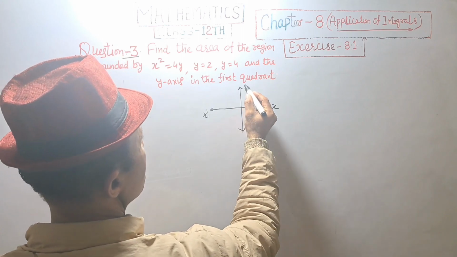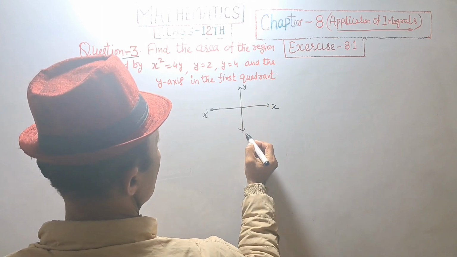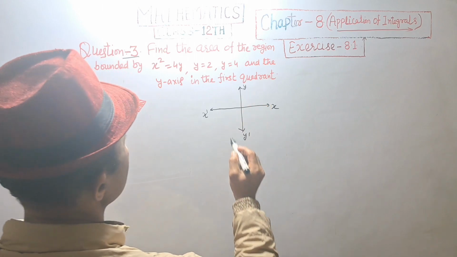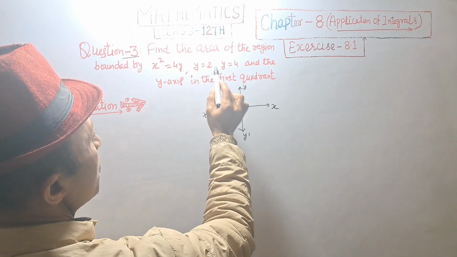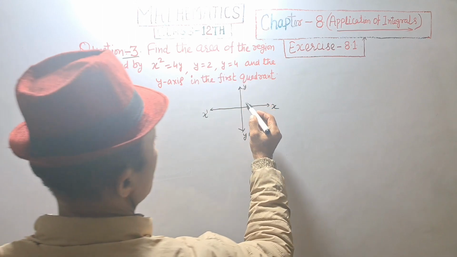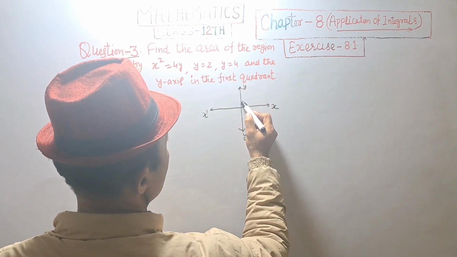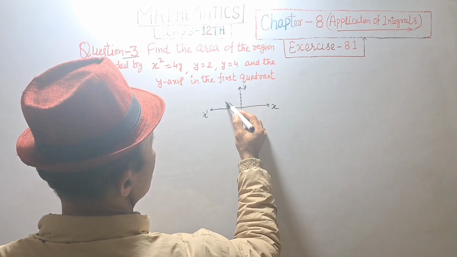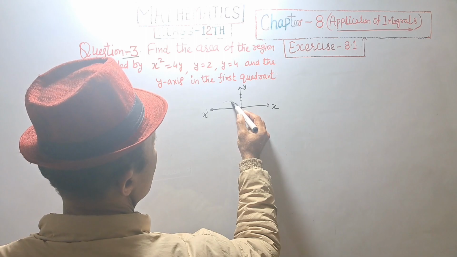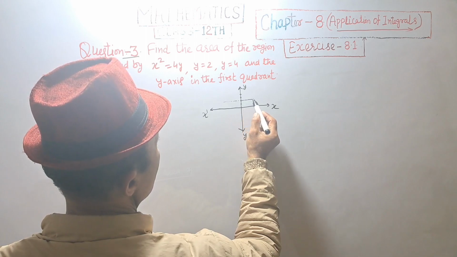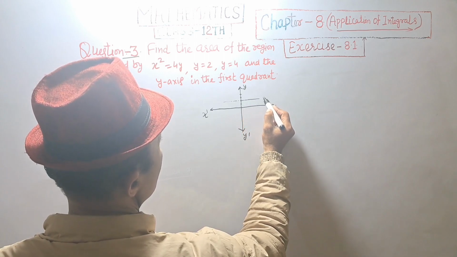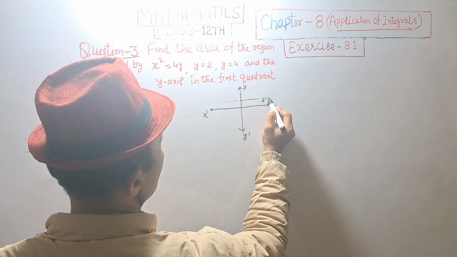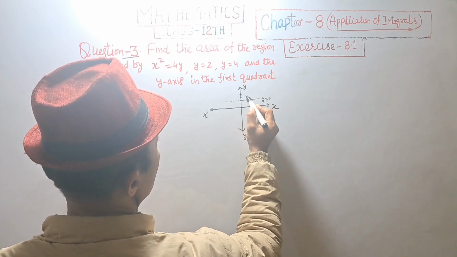X dash, y dash, y equal to 2 and y equal to 4. 1, 2, 3, 4. Y equal to 2.